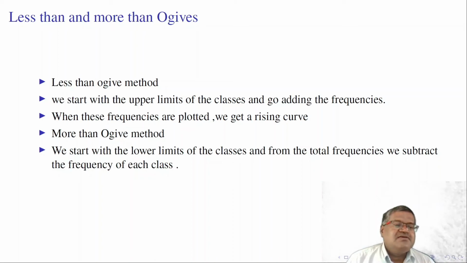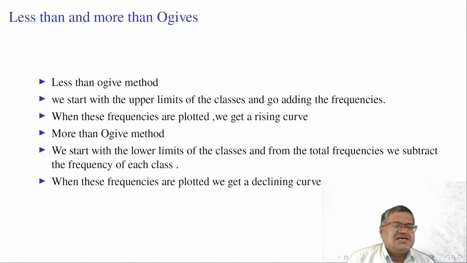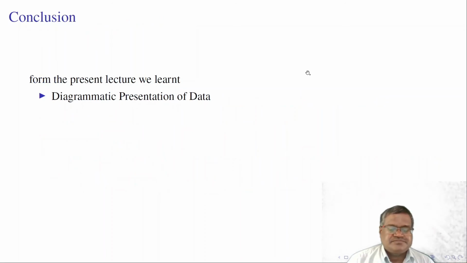We subtract the frequency of each class. When these frequencies are plotted, we get a declining curve. Upper limit with less than cumulative frequencies, lower limit with more than cumulative frequencies. By plotting these points we get two curves. One is less than curve and the other is greater than curve.